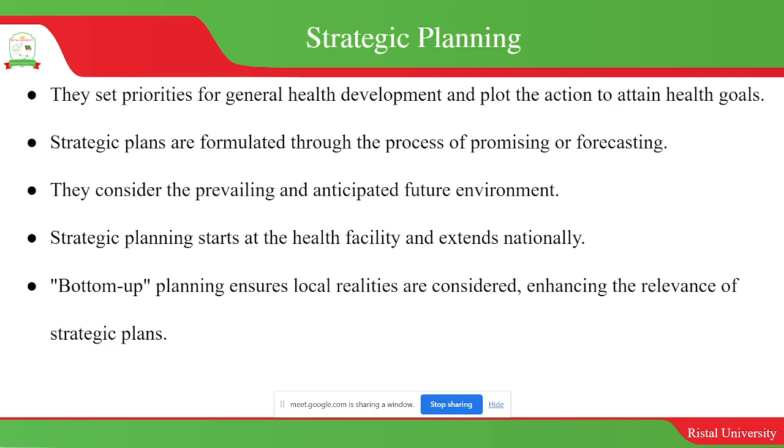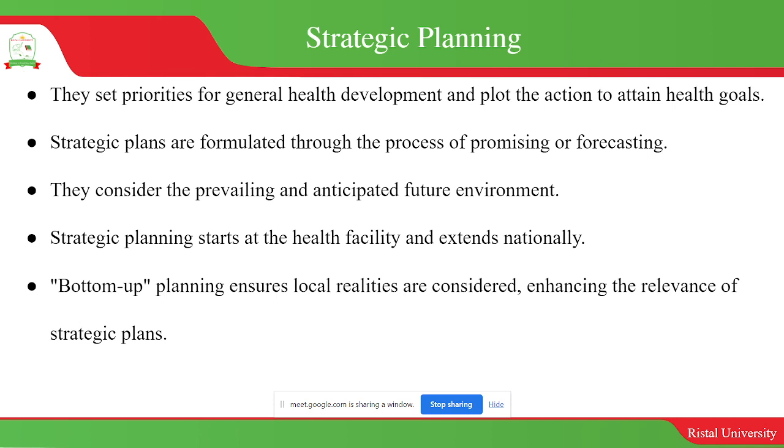So you basically set out the things that you want to achieve in a strategic plan. What do you want to achieve? That means that you need to make a decision on what are the things that you have to give priority to. And then you start now formulating the strategic plans.